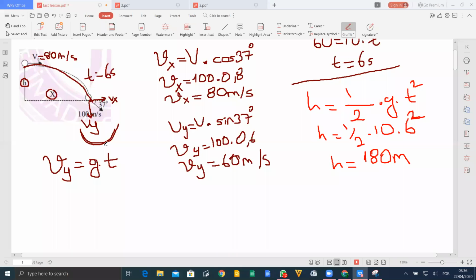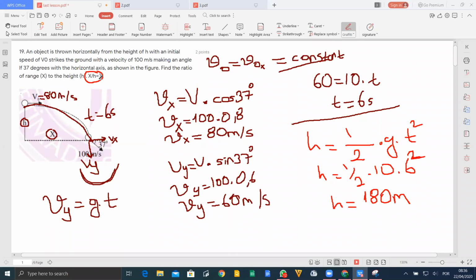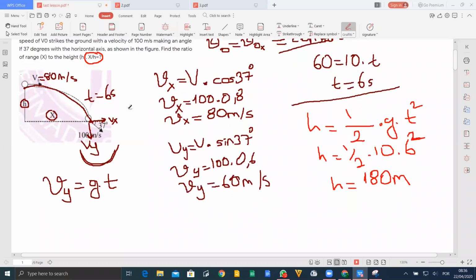The question was the ratio of x and h. We already found h.